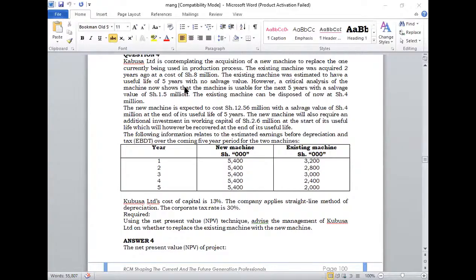Leave alone this other paragraph which could really confuse you. This other paragraph will be coming in later. We'll be computing depreciation for purpose of comparing later. This one says, however, a critical analysis of the machine now shows that the machine is usable for the next 5 years with a salvage value of 1.5. So leave this one.